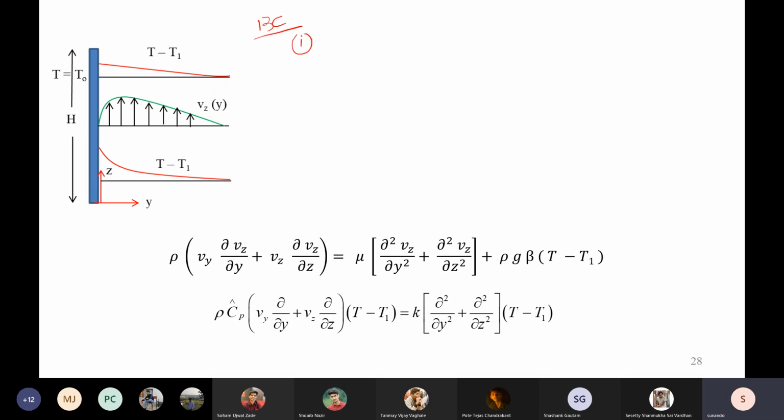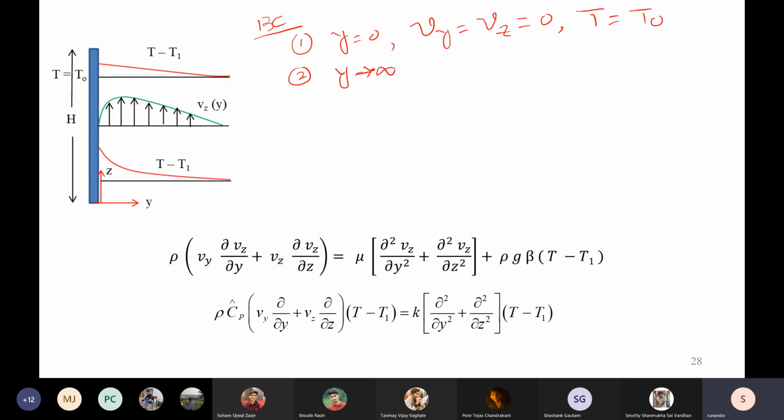The first one, for y equal to 0, I can say that all velocities Vy, Vz would be zero because of the no-slip condition, and temperature would simply be equal to T naught of the plate, which is essentially saying that temperature is continuous across any interface. And since I have mentioned y equals zero, I should talk about something at y equals infinity.